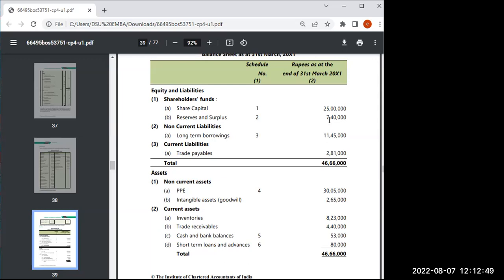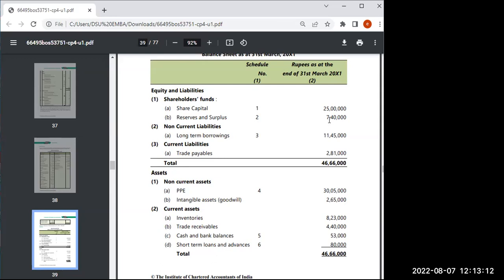Then reserve. What was the reserve up to last year? You can find that in the trial balance. The only statement for us is the trial balance, so the trial balance will talk about reserve. Assume 45,000 is the opening balance of reserve.